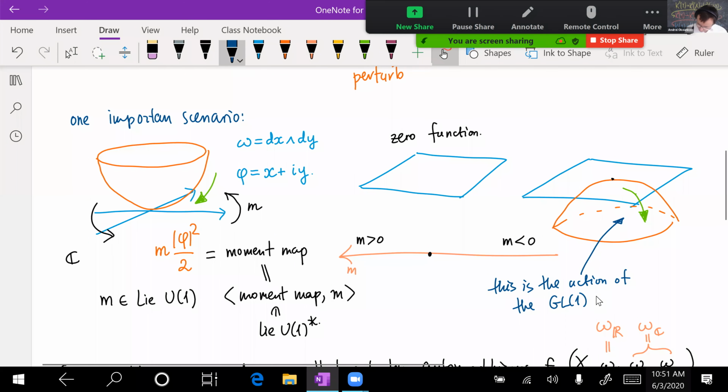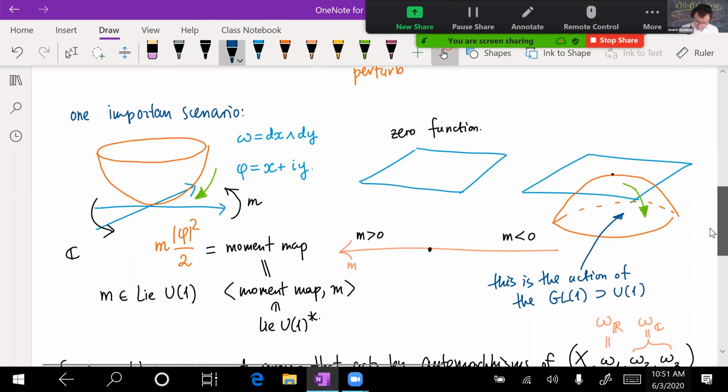So you complexify this U1, and this says that from the point of view of a compact group, somehow nothing happened, nothing really changes. You were rotating one way and then you start rotating the other way. But from the point of view of the complexification, you see the difference between attracting and repelling potential, namely either this whole direction of phi is contracted to the origin or expelled from the origin.